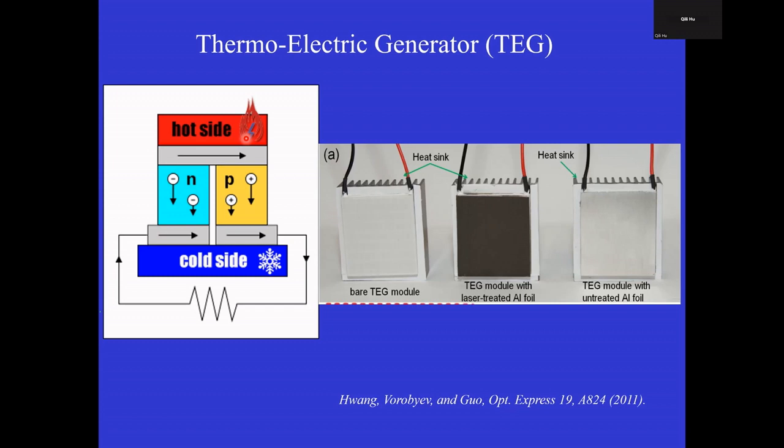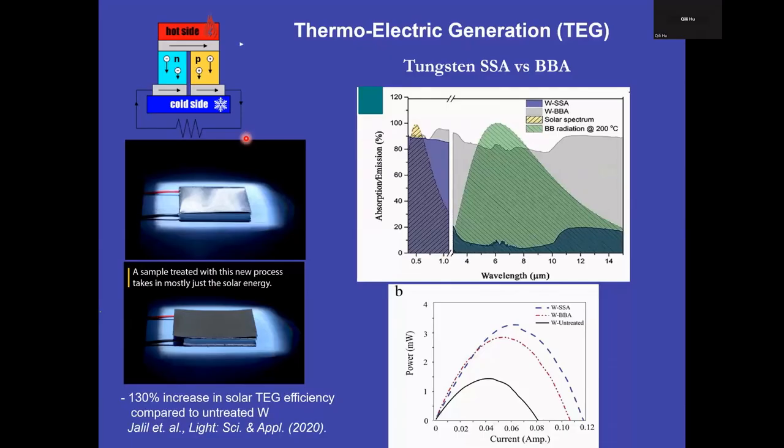Okay. And as I mentioned, you need a conductive material. That's also a good absorber on the hot side and a good radiator on the cold side. And that's what we have, right? We have a black metal. It's a metal conductor, and it's black. It's good at absorption.